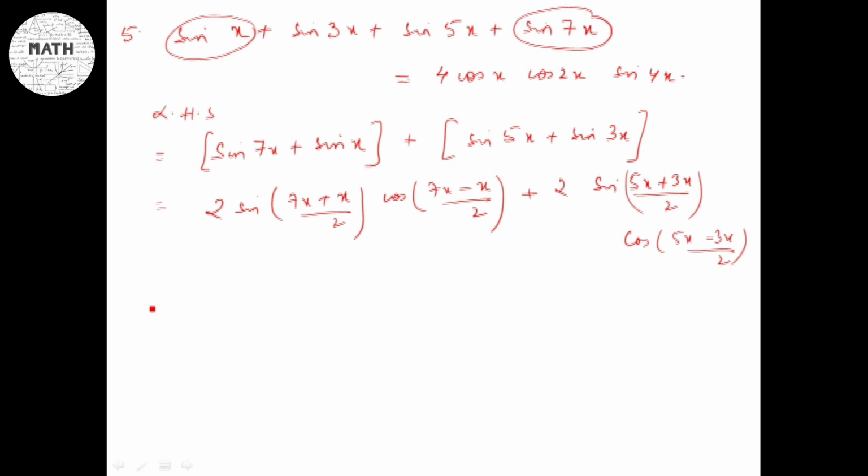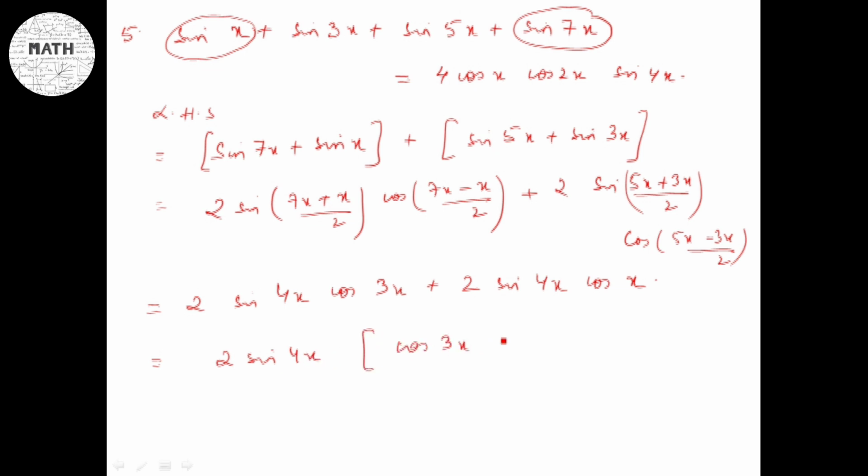So if you do that, you'll get here 2 sin 7x plus x divided by 2, that is 4x, cos 3x, plus 2 sin 4x cos x. Now what can we take common? You can take common 2 sin 4x. So what is left?